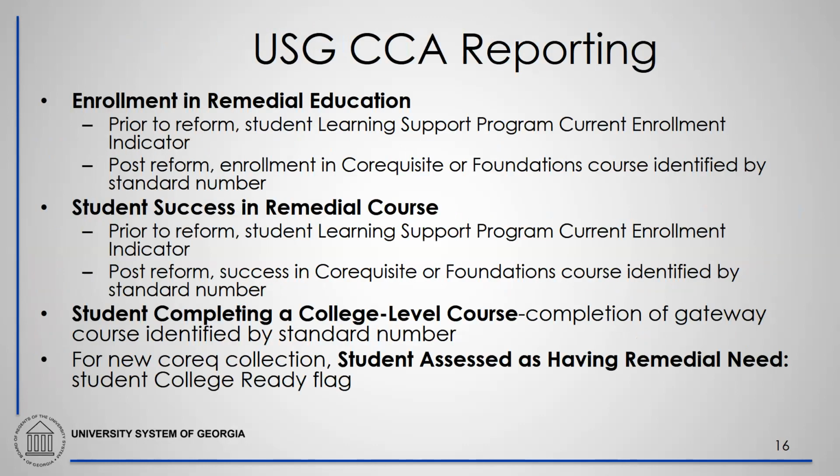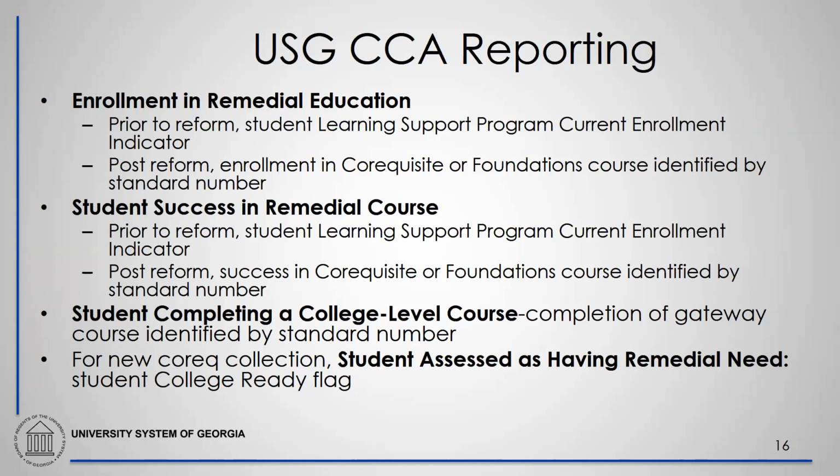When we do our CCA reporting now, I'll do before and after, because we implemented co-requisite after we started becoming a CCA state. So prior to reform, in order to get enrollment in remedial education, we used that student learning support program current enrollment indicator that had that Y value of being currently enrolled.